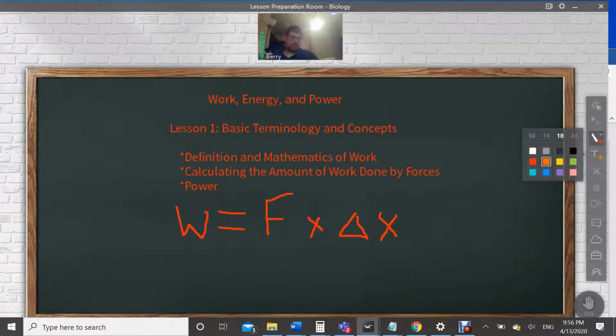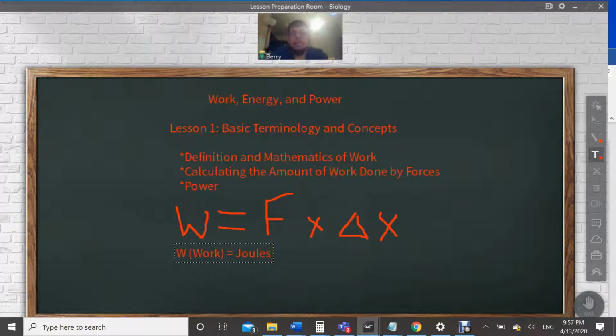Now, as always, I'm going to cover the units for you. So work is equal to joules. It's named after the famous scientist James Joule. We will talk about him further in thermodynamics in a later unit.